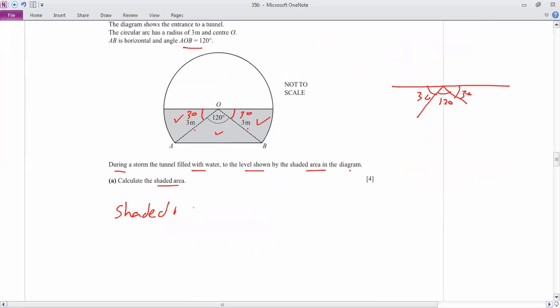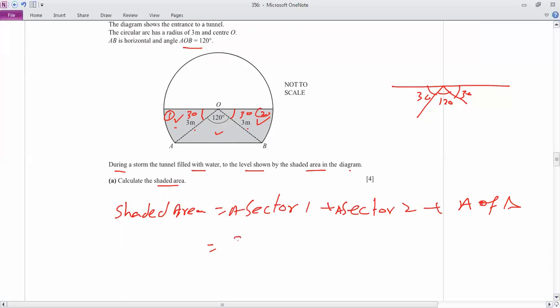So you should find what will be the shaded area. Shaded area will be this triangle area, plus the area for the sectors. I will say this number 1, number 2. Number 1 and 2 will be same thing. So area of sector 1 plus area of sector 2 plus area of triangle. Now what is area of sector 1? Sector 1 is theta over 360, always the area of sector formula.